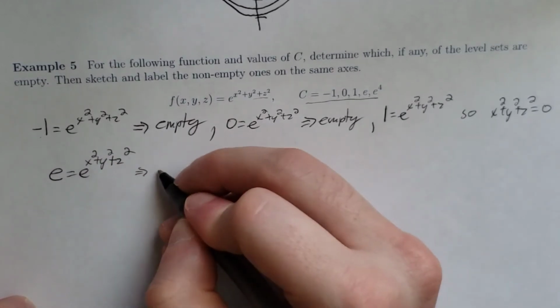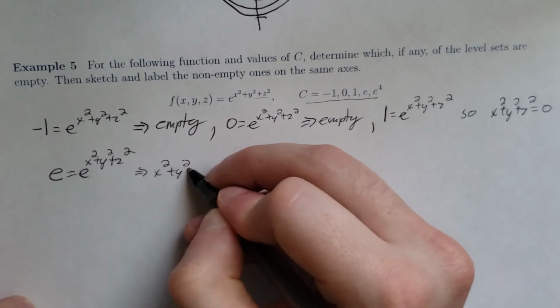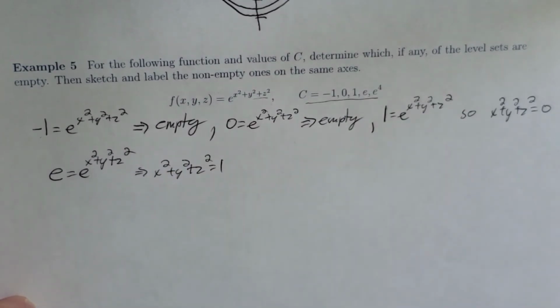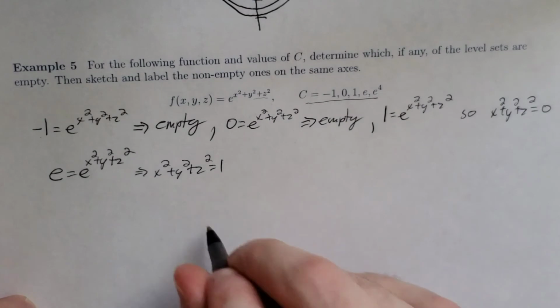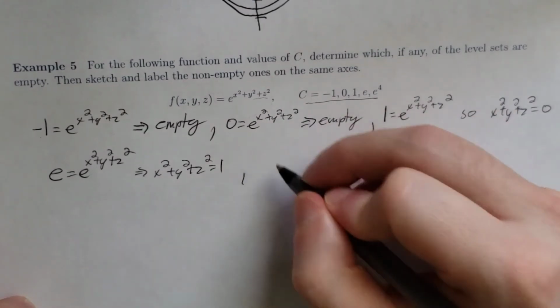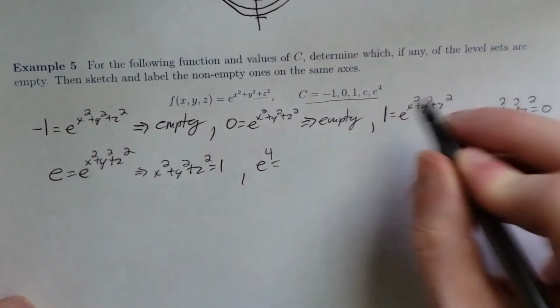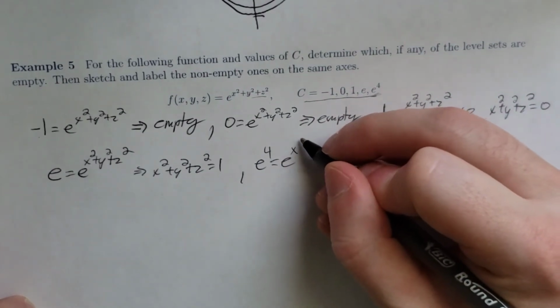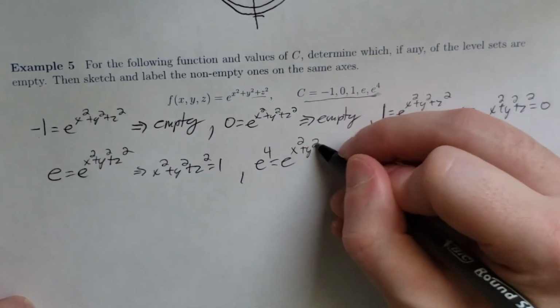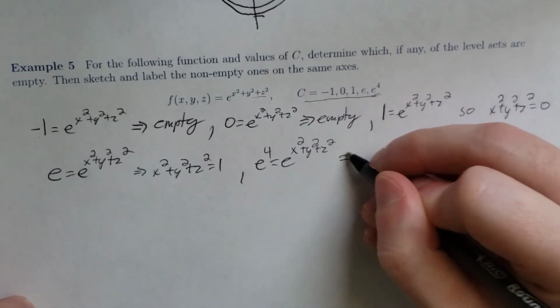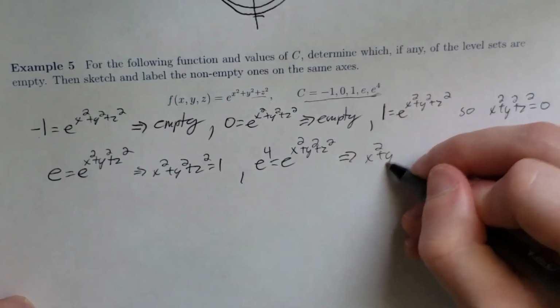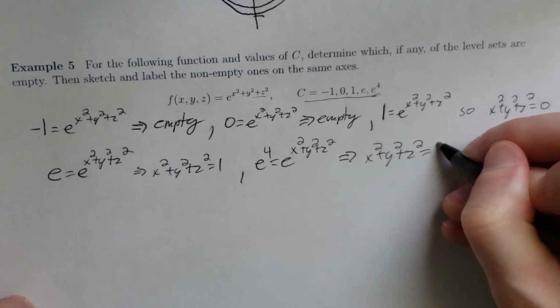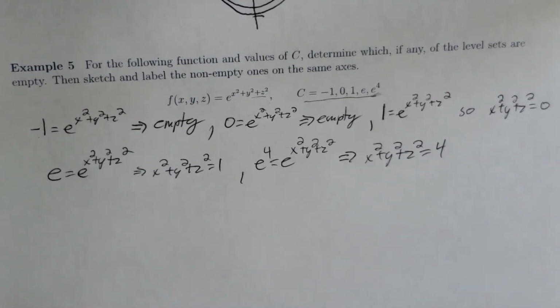Well, this implies that x squared plus y squared plus z squared must equal 1, which is a sphere of radius 1. And e to the 4th, this is our last one, e to the 4th is equal to e raised to the x squared plus y squared plus z squared. Well, this implies that x squared plus y squared plus z squared is equal to 4. That is a sphere of radius 2.